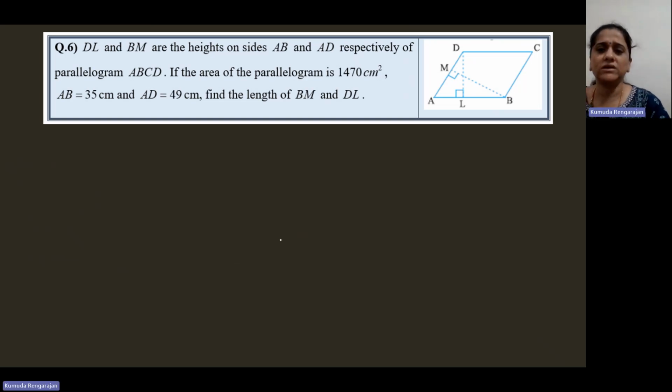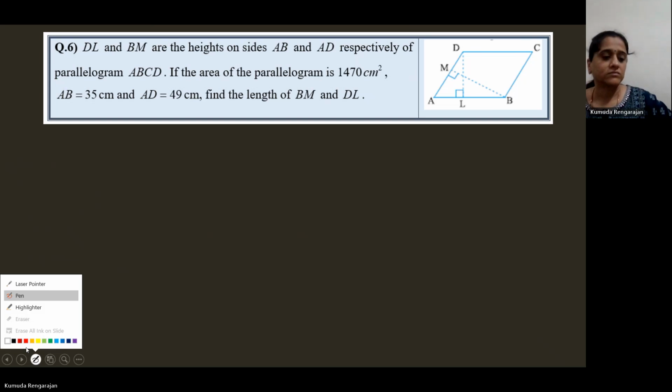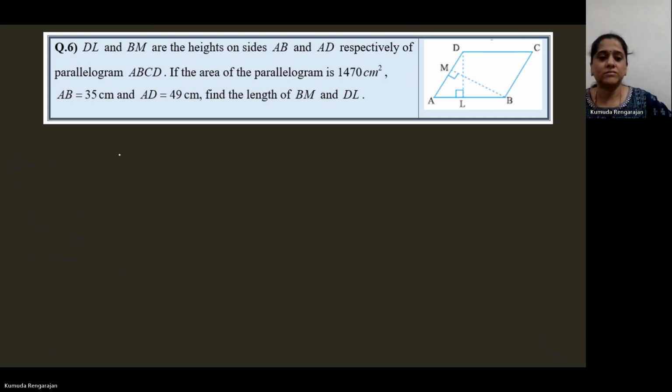Similar. AB, AD. AB is 35. What's the area? 1470, right?